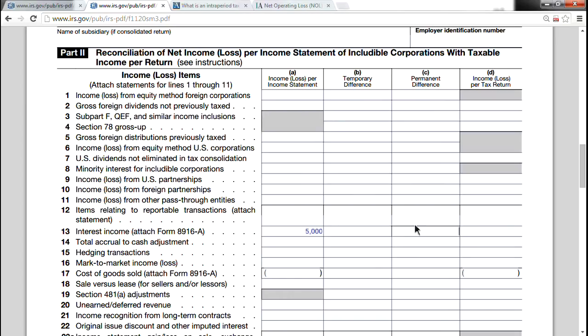So we're going to back that amount out. The permanent difference is going to be negative $5,000. So the net effect, the income per the tax return, is 0.